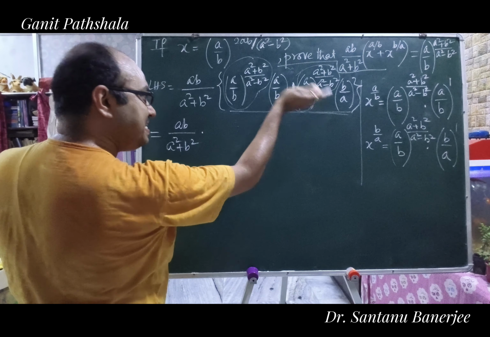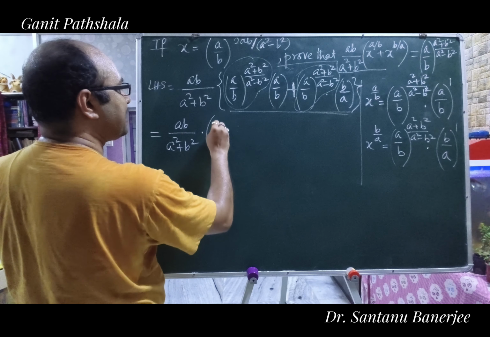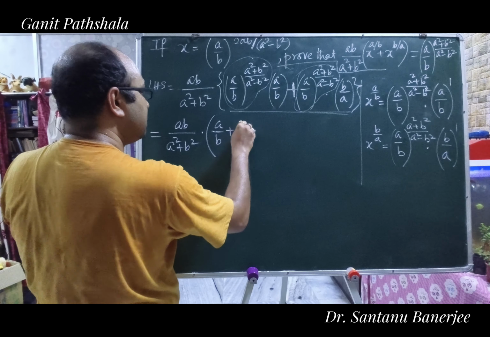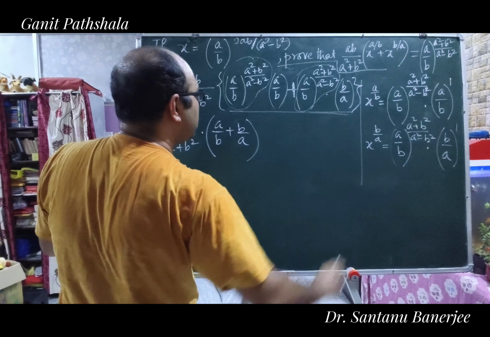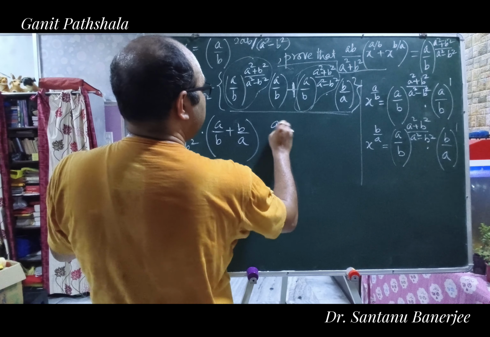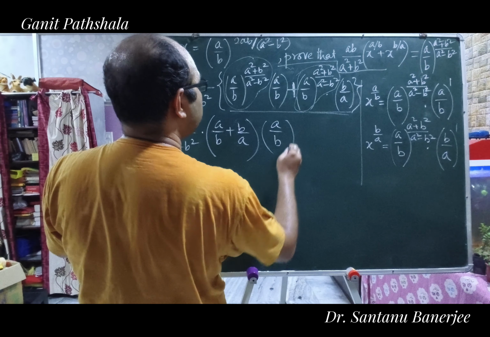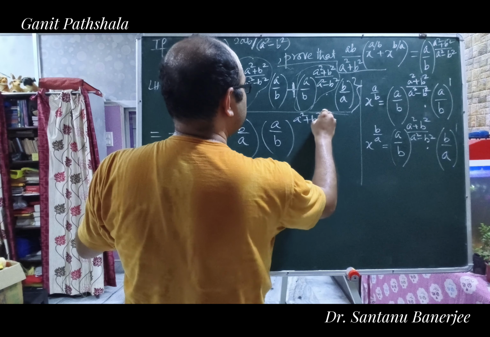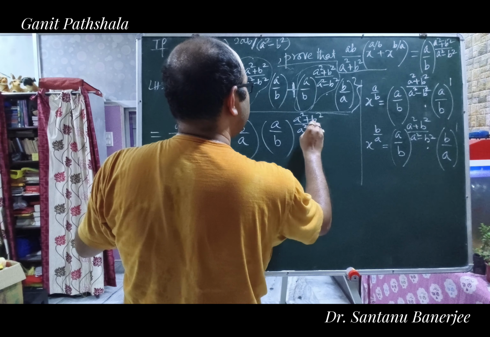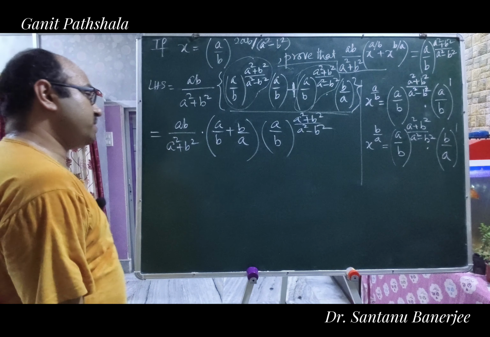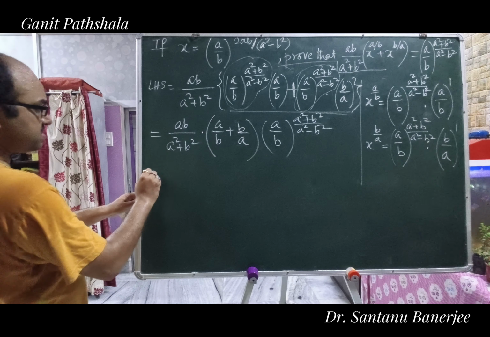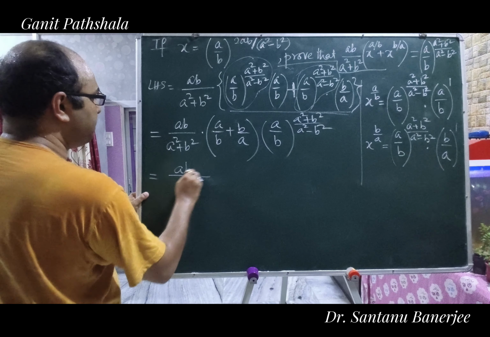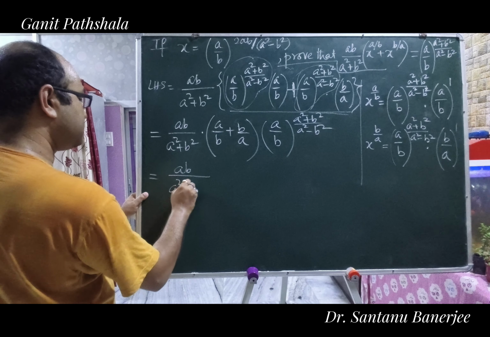If you take that out, inside what remains? Inside it remains a by b plus b by a, and if you take out that common, you have a by b whole to the power a square plus b square by a square minus b square, which is again equal to ab by a square plus b square.